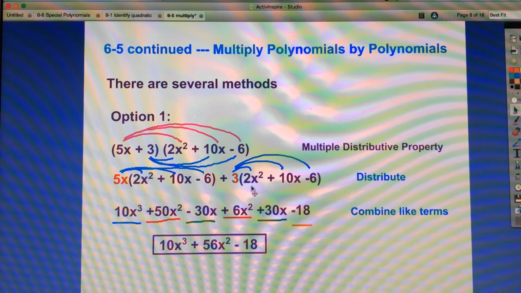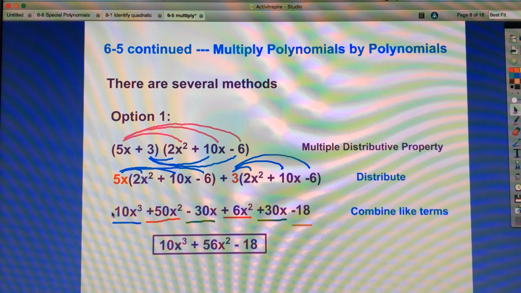Positive 3 times 2x squared, positive 6x squared. 3 times 10x, 30x. Positive 3 times a negative 6, negative 18. You could skip this whole middle row, the whole section. If you start to see it, you just do your multiple distribution and go straight down to here.